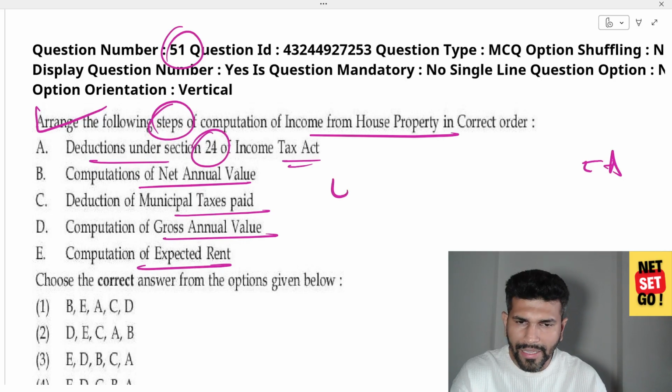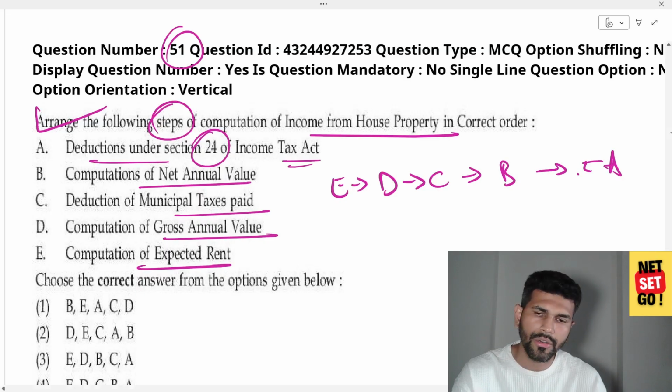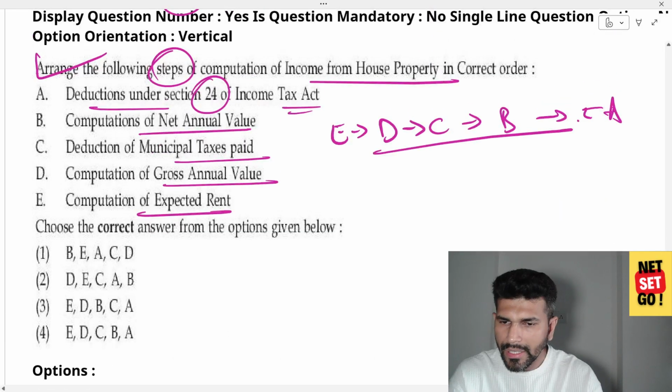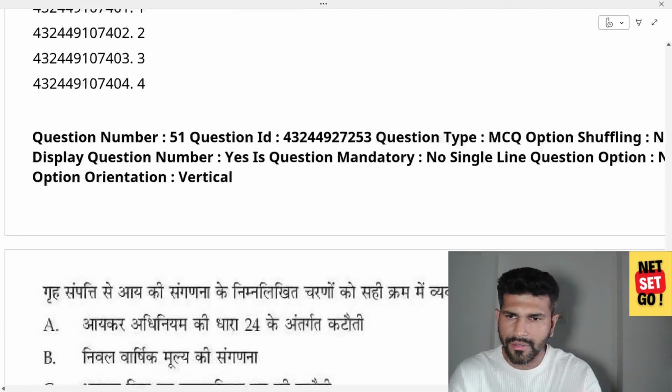First we'll identify expected rent, then GAV, then municipal tax will be deducted, then we get NAV, and the last step will be deduction under section 24. So EDBCA. Option 4 is the correct answer.